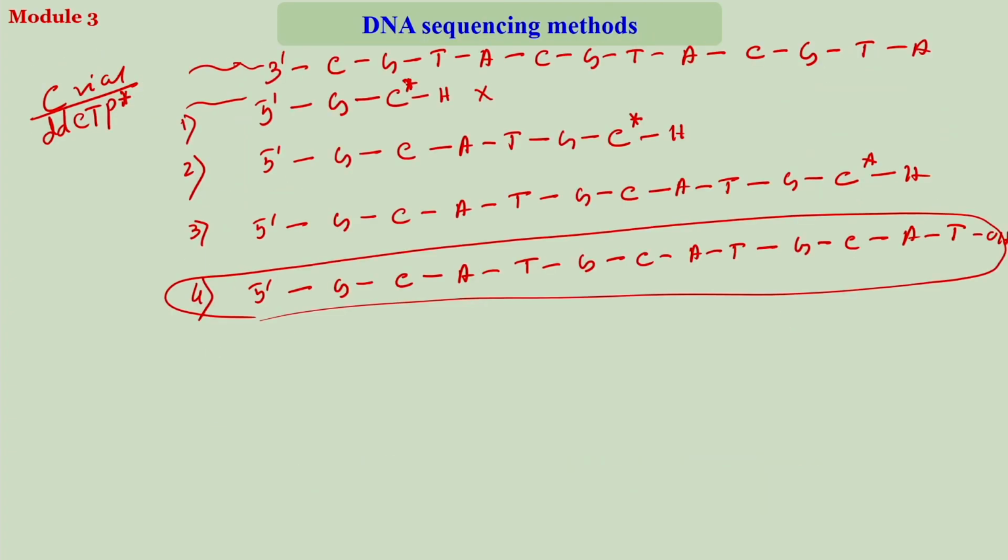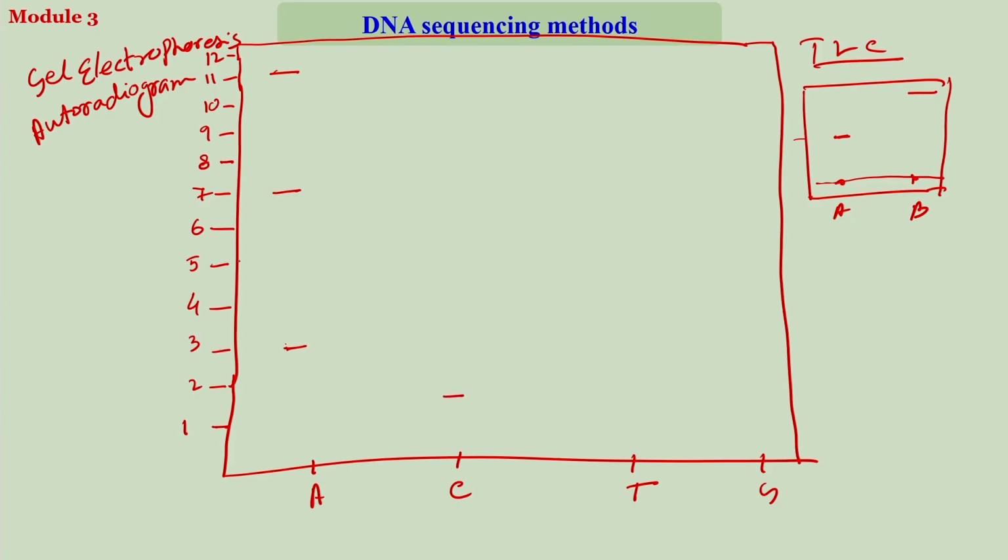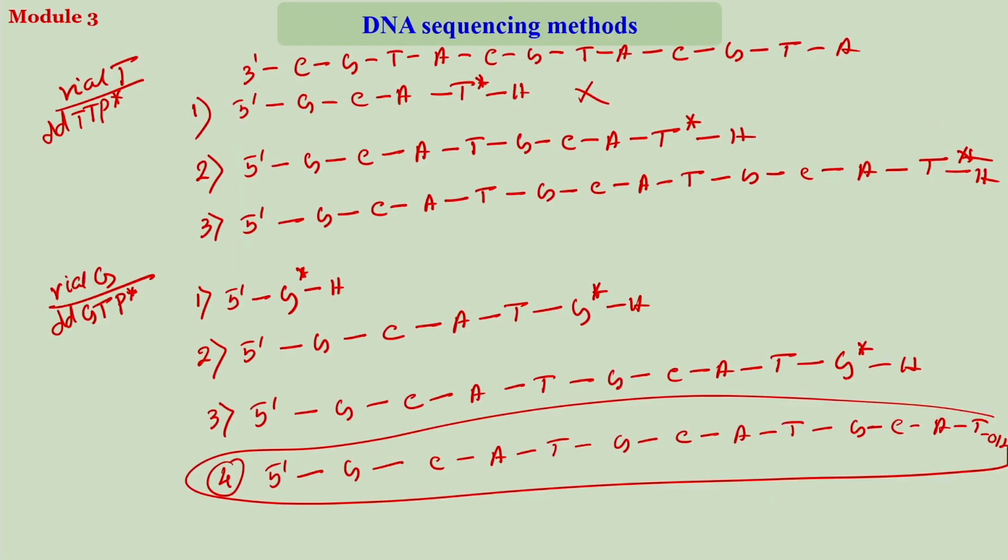Now, C vial, what you have? 2, 6 and 10, 3 fragments.